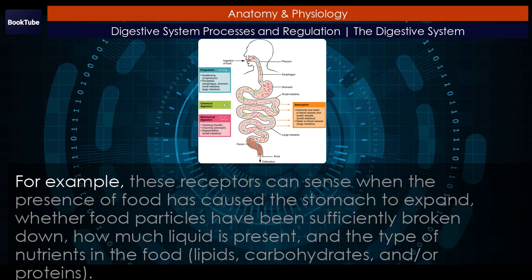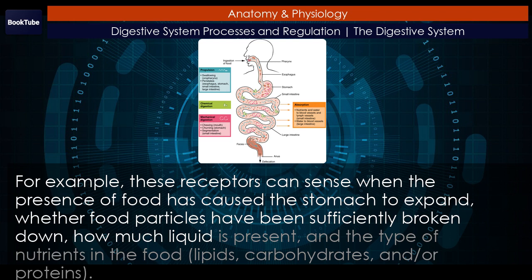For example, these receptors can sense when the presence of food has caused the stomach to expand, whether food particles have been sufficiently broken down, how much liquid is present, and the type of nutrients in the food: lipids, carbohydrates, and/or proteins.